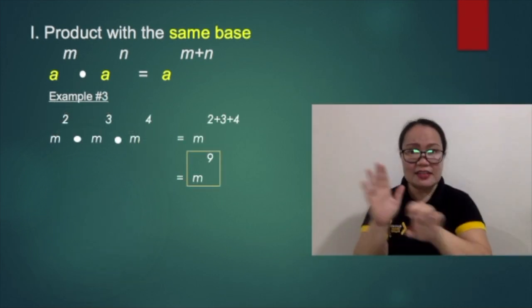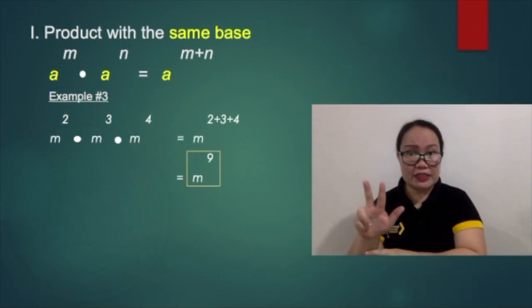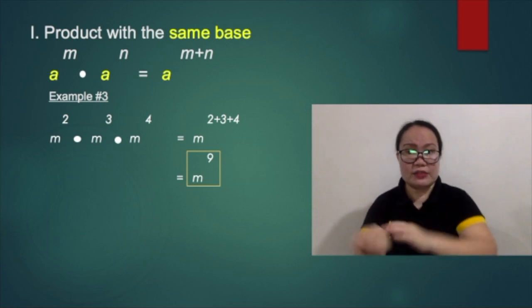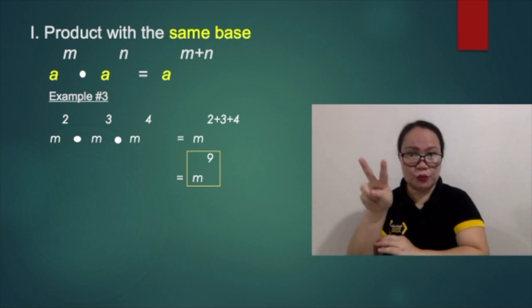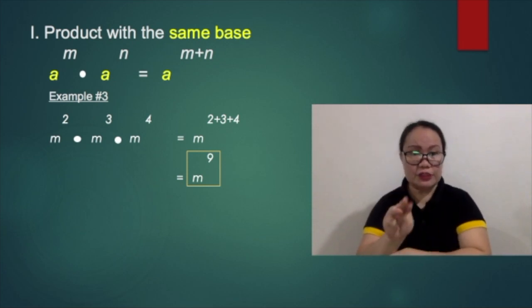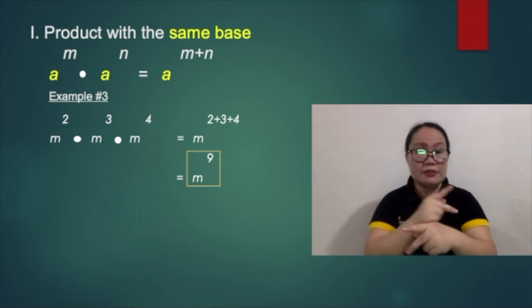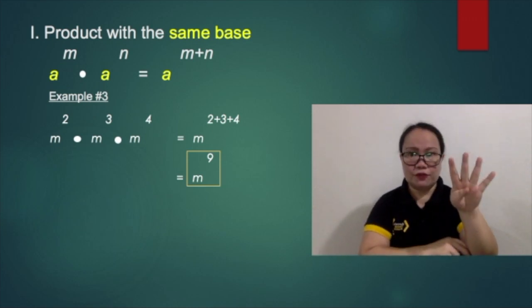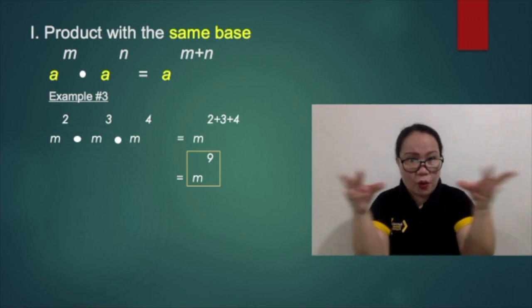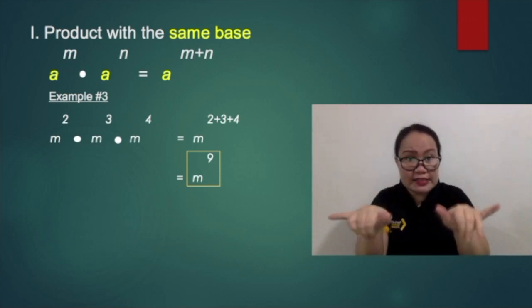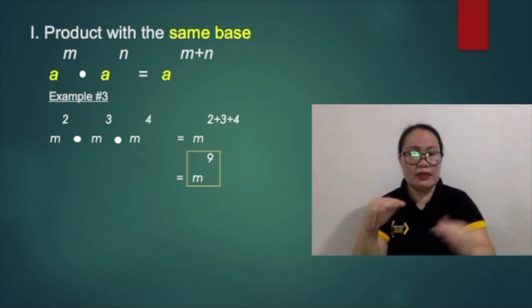For our next example, we have 3 of the same bases. So m raised to the power of 2 times m raised to the power of 3 times m raised to the power of 4. So you simply add all the exponents because they have the same base, which is m.